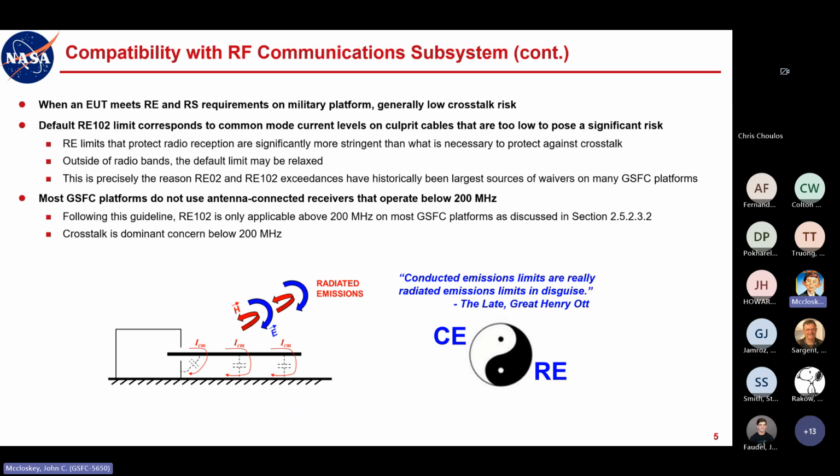Also, since Goddard platforms, and I think many NASA platforms, don't use antenna connected receivers below 200 megahertz, we generally follow the guidance in the MIL standard itself that recommends you only apply RE102 in frequency ranges where you have antenna connected receivers. So we generally apply it only above 200 megahertz, and crosstalk is our dominant concern below 200 megahertz.